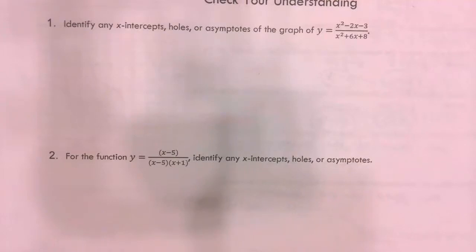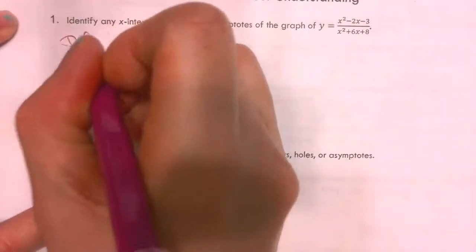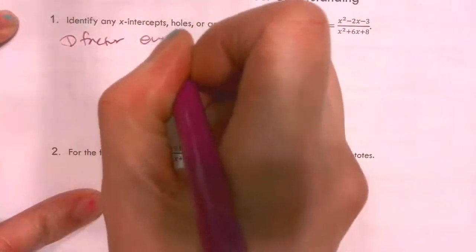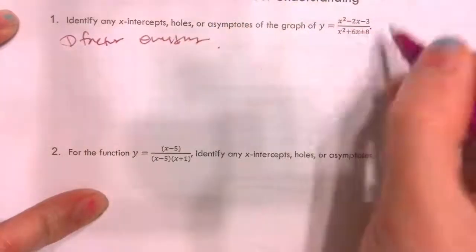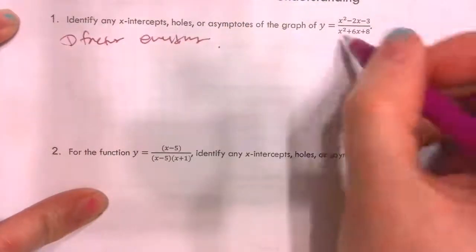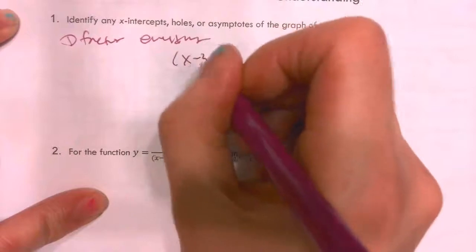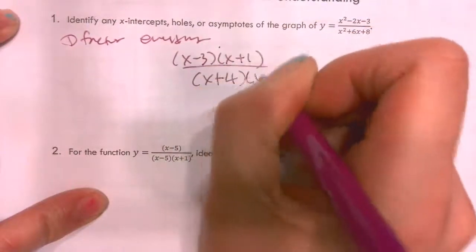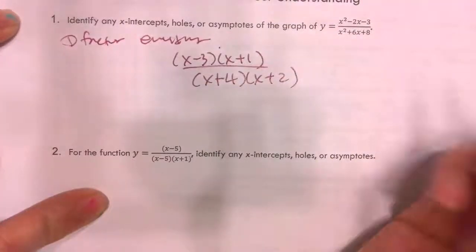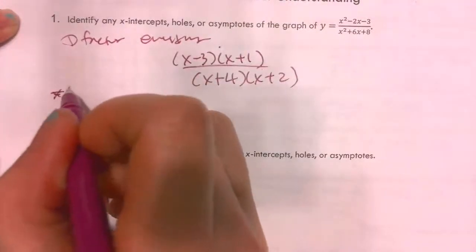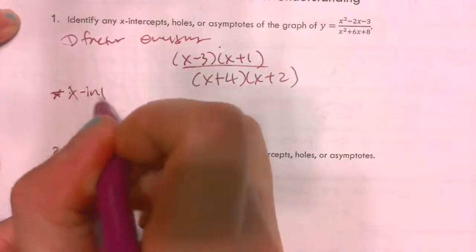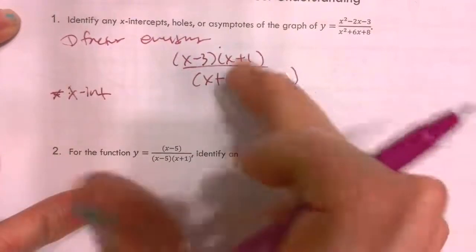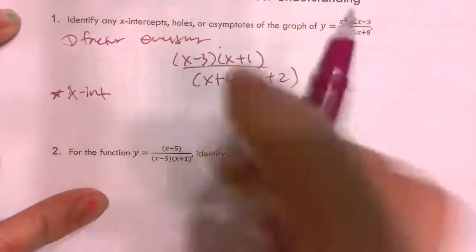So first thing you have to do is make sure you factor everything so that it's in factored form. Does that sound familiar? Yeah, we just did that on the previous page. So top is the ACB, bottom is the ACB. You're going to get x minus 3, x plus 1 over x plus 4, x plus 2. Aha! Alright, how do you find the x-intercept? It's the numerator equal to 0, right?